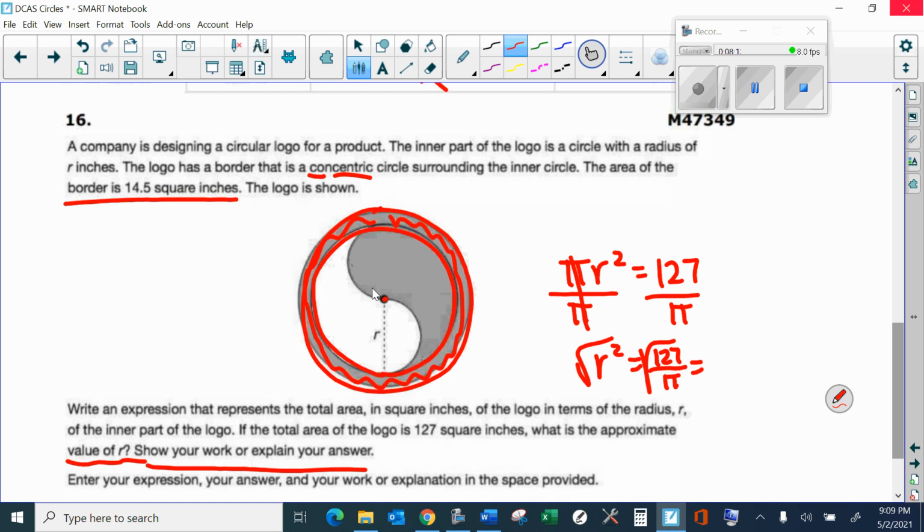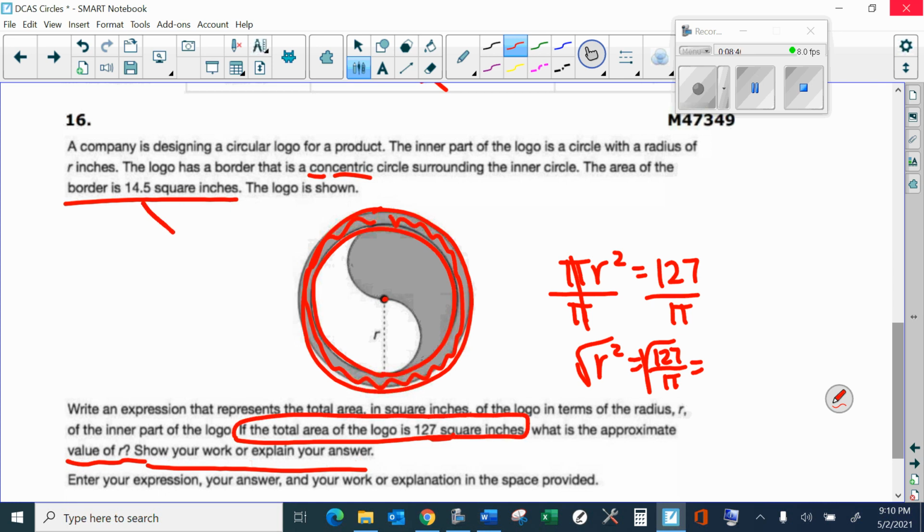If the total area of the logo is 127, companies design a circular logo, the inner part of the logo. Oh, the total area of the logo. Okay, so that's the inside plus the outside. Okay, so I thought the total area was just the inside. It's the whole thing. Okay, so the total is 127.